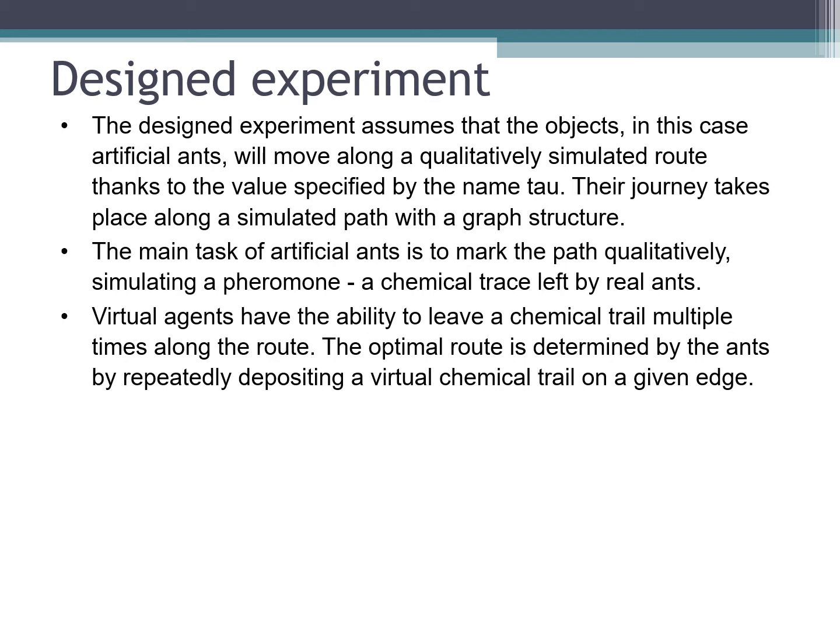The main task of artificial ants is to mark the path qualitatively, simulating a pheromone, which is a chemical trace left by real ants. Virtual agents, the ants, have the ability to leave a chemical trace multiple times along the road, and the optimal route is determined by the ants by repeatedly depositing a virtual chemical trace on a given edge.